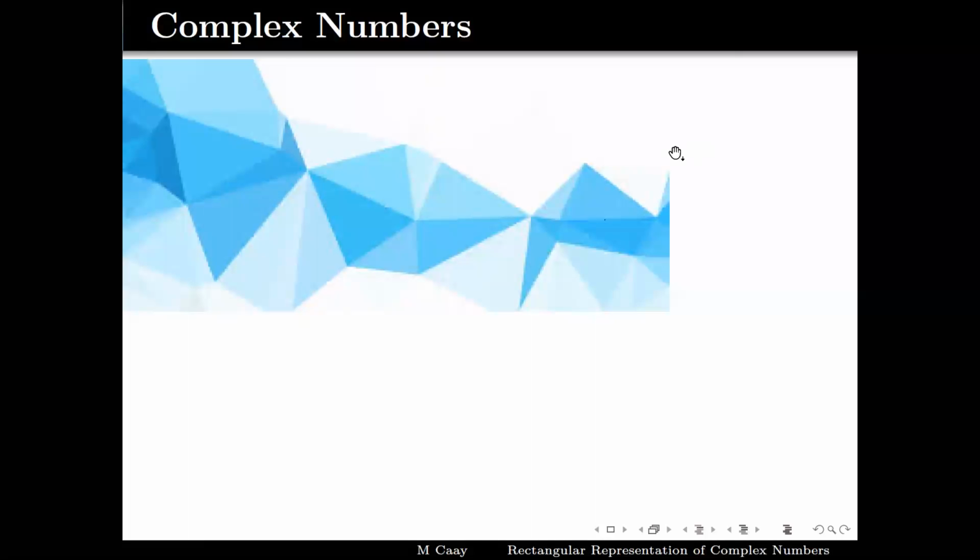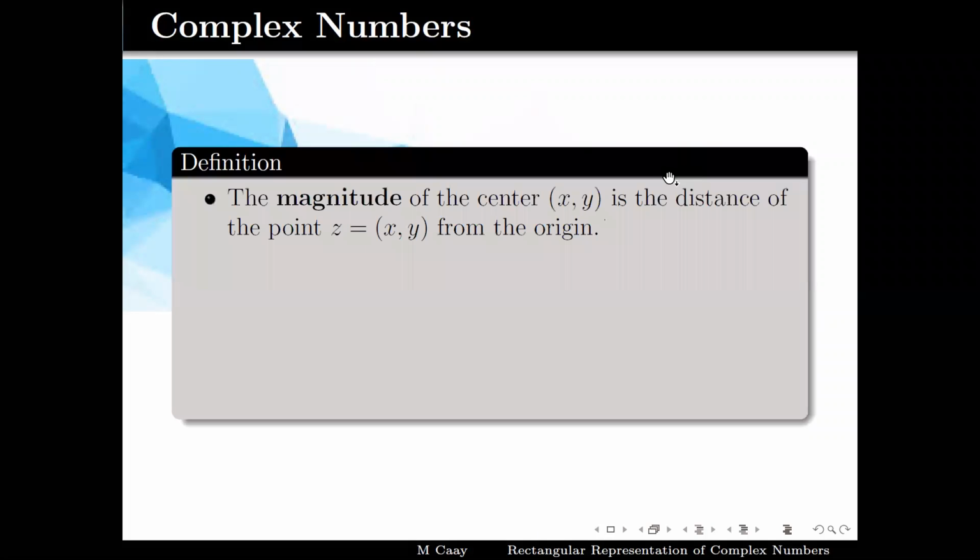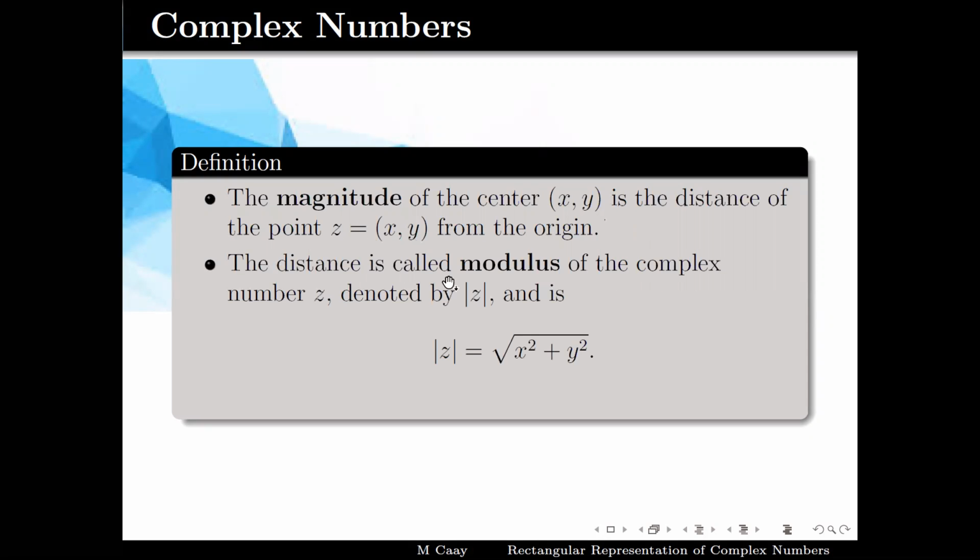Of course, in the context of the complex plane, we will have to consider some terminologies. First, the magnitude of the complex number z = (x, y) is the distance of the point (x, y) from the origin.